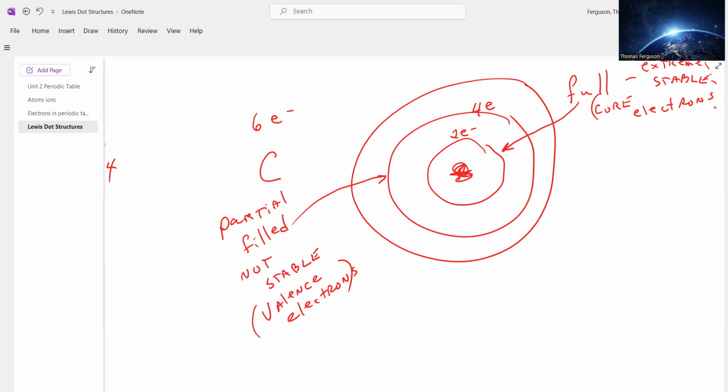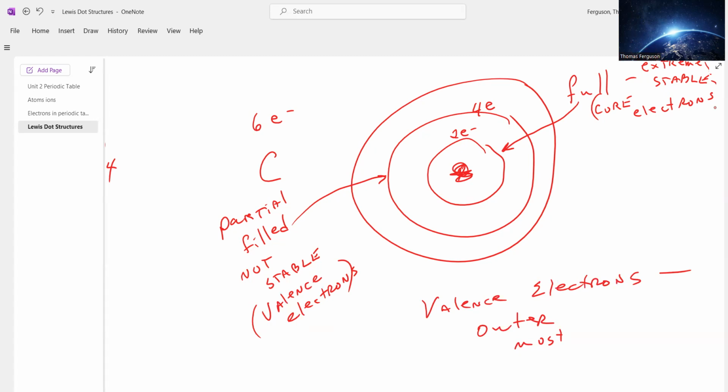So really the definition of valence electrons is, number one, they are unstable. But they're the outermost electrons. So even if that second orbital out is full, it has 8 electrons in it, and it's very stable, it's still considered valence electrons.